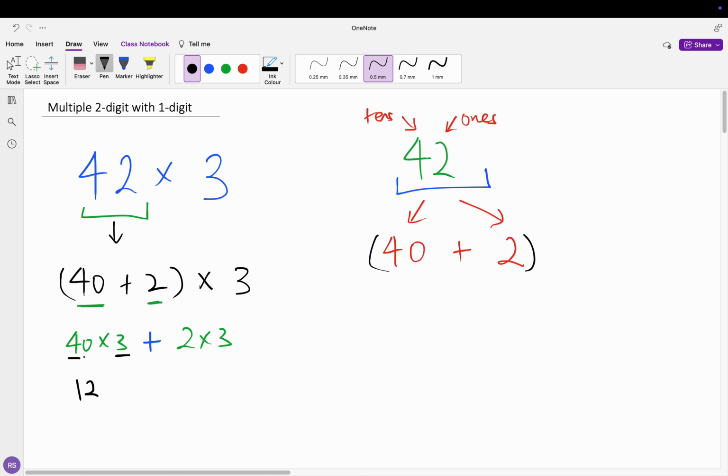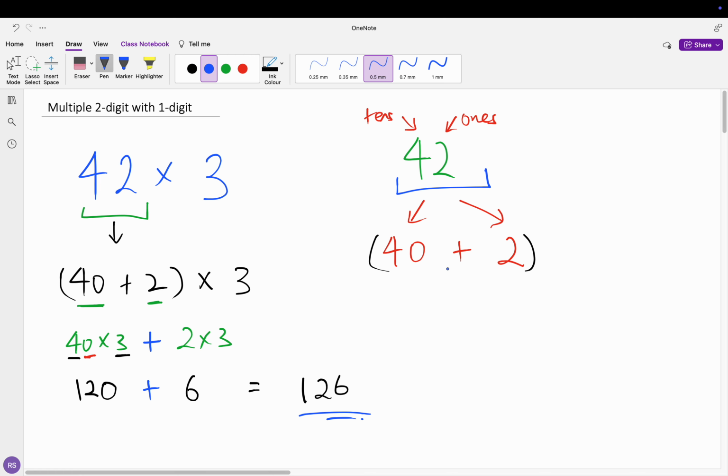Since it is 40, we add a 0. So for this 40 over here, we add one more 0 to make it 120. Then 2 times 3, you get 6. So 120 plus 6, you get 126. So that is the final answer for this question, 42 times 3.